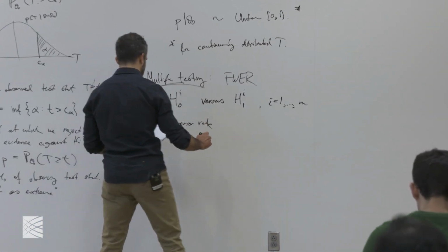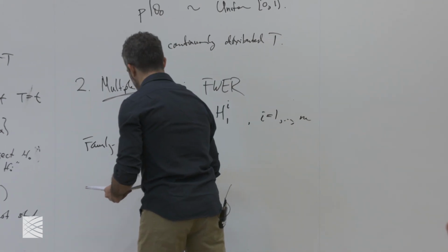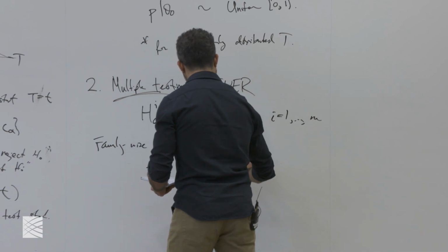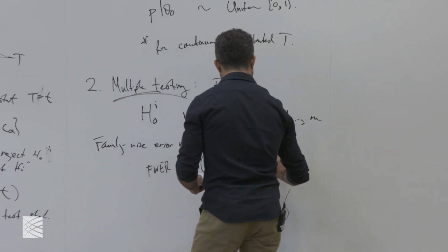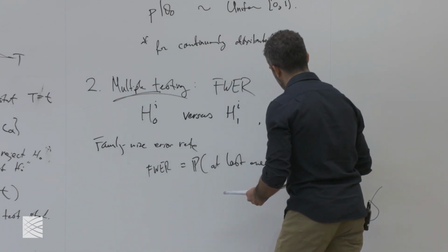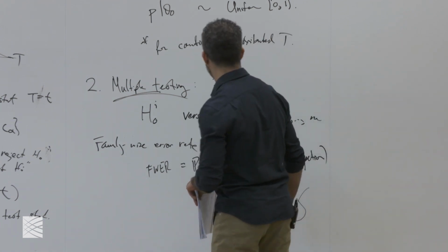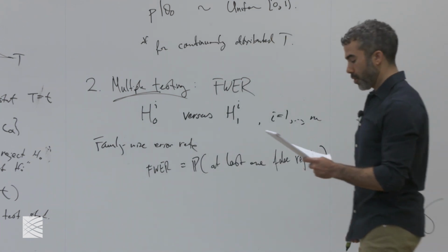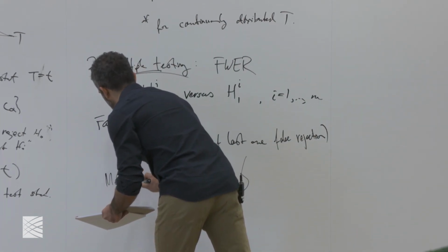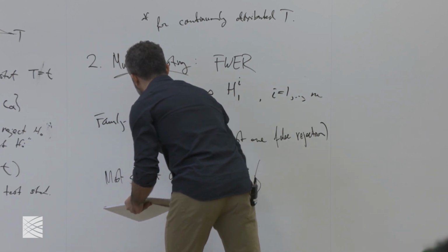The family-wise error rate, FWER, is the probability that we make at least one false rejection. Okay, and this is the most stringent control in the multiple testing setting.